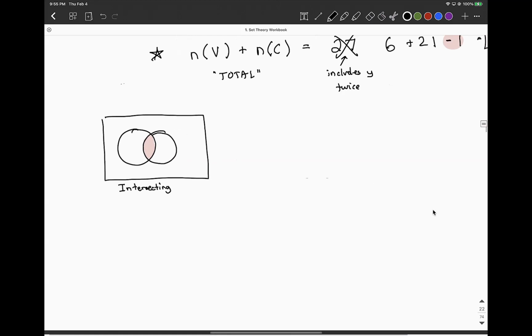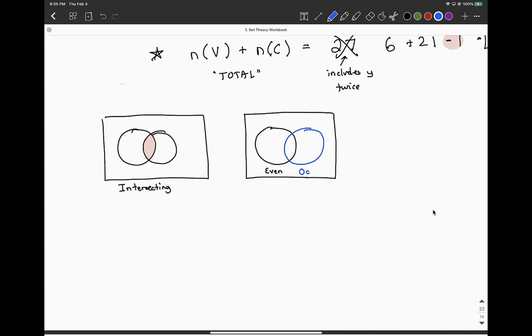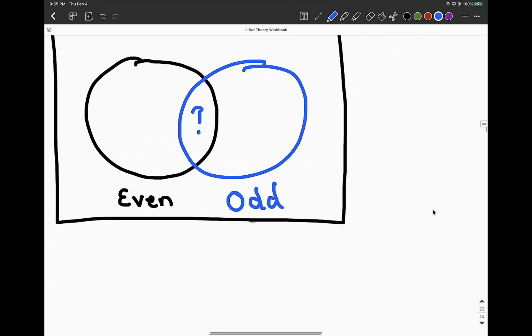Now, there are very much sets out there that would not overlap, or else it would be kind of pointless to overlap. Like if I was just to say, even numbers, odd numbers. Is this space efficient? Is that space needed?